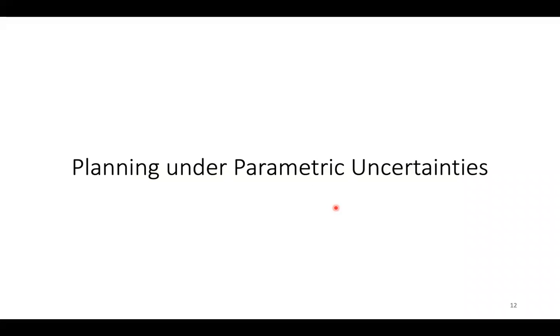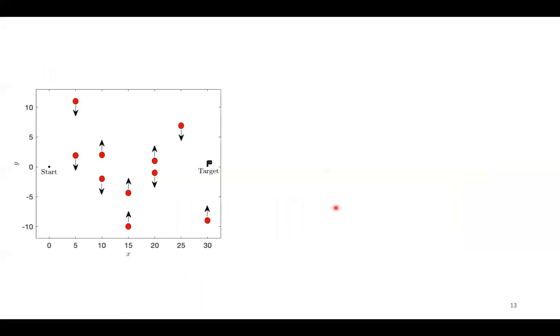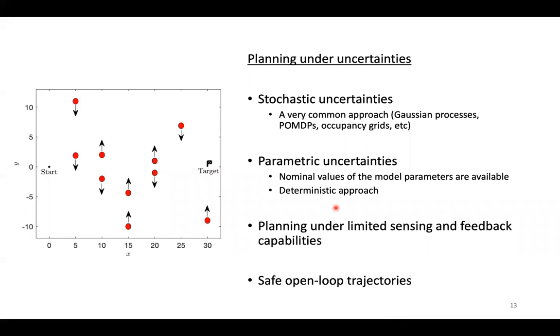Yeah, okay, cool. So let me quickly motivate the problem, because in most cases, people go for stochastic uncertainties, and especially in path planning, we have a lot of approaches concerned with stochastic uncertainties, where you use Gaussian processes, POMDPs, occupancy grids, everything. But what I'm doing here is essentially assuming the uncertainty to be parametric in nature.